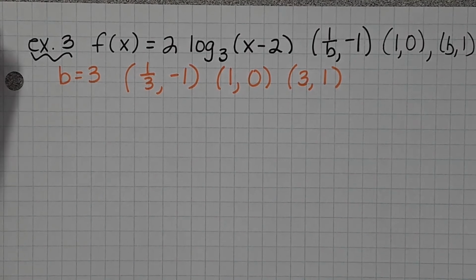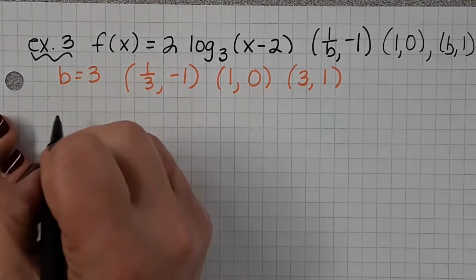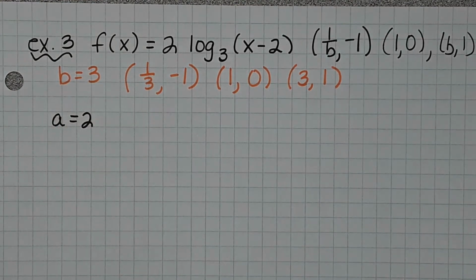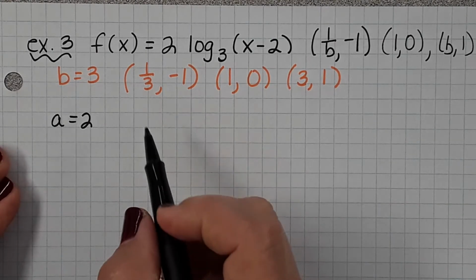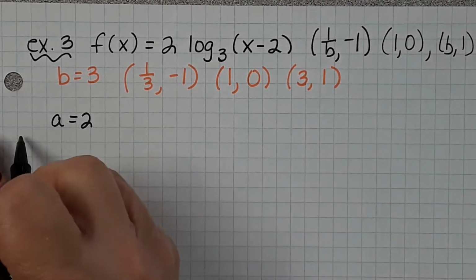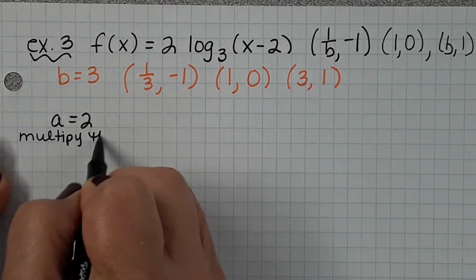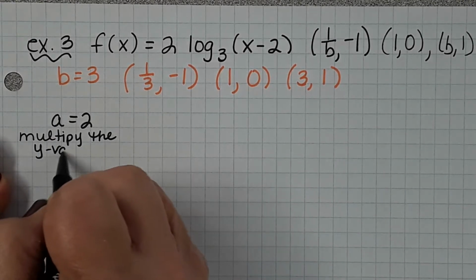Now, we're going to work out A. Is there an A? You know there's an A if there's a number in front of the log. Is there a number in front of log? What is A? If there's no number in front of log, then you don't have to worry about A. And so this means we are going to multiply the Y values by 2.